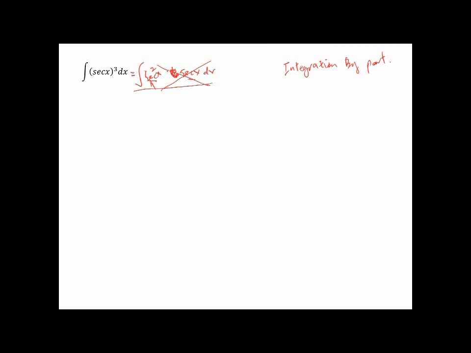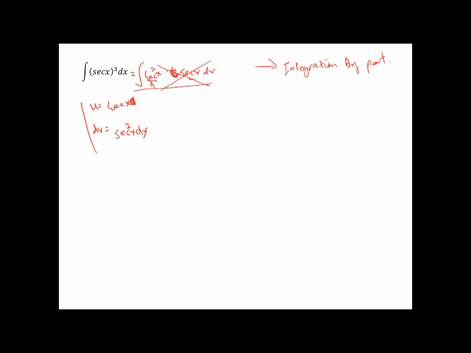Again, what we need to do is at least remember how to begin the problem, so I can solve it. So my u is secant x, and dv is the whole column. Remember, everything should come from my question. So what's left is secant square dx.